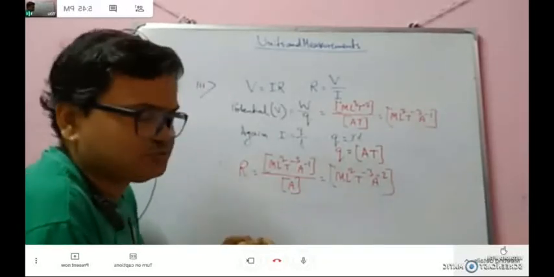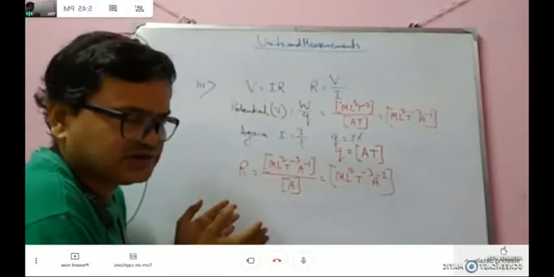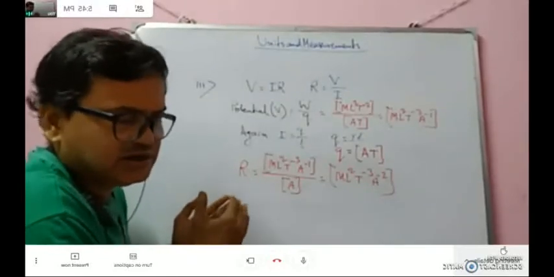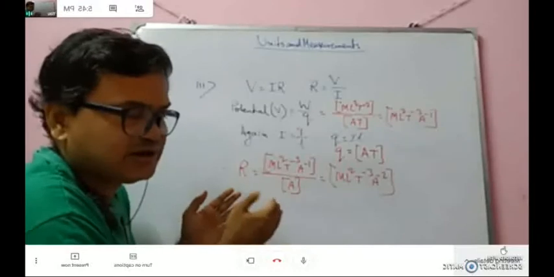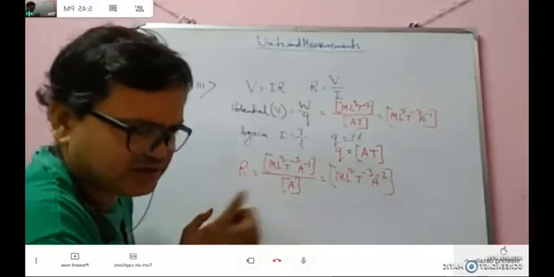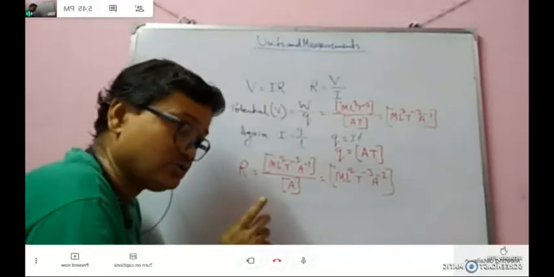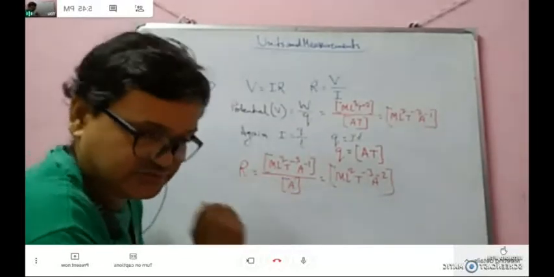Now, if I want to prove, then what I do is put F on one side, LHS, and ma on one side. Put the dimension of F at LHS, because it is MLT to the power minus 2. Then M into A will come. But we know that if F equal to ma, then we can check, verify.